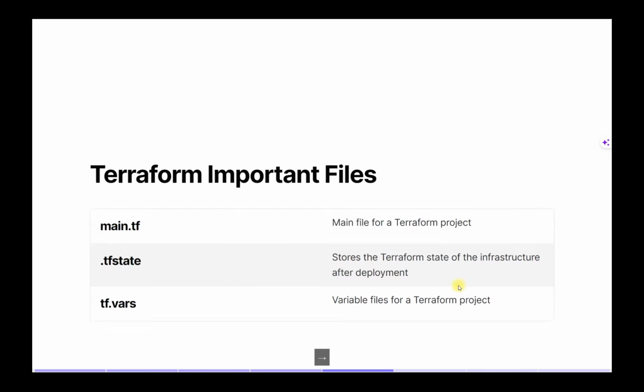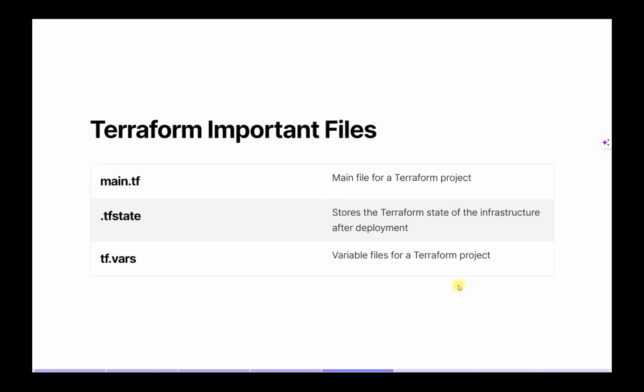If you have knowledge of other tools, then it will be easy for you to correlate or integrate them. Next thing, there are a few important files related to Terraform when we work. The main.tf file is where our whole project information is documented, and in this file itself we mention providers, resources, everything. Next file is the .tfstate file, that is our state file that stores the Terraform state of the infrastructure after the deployment.